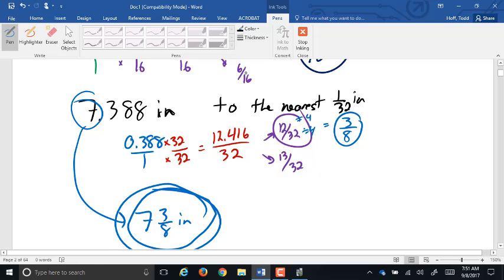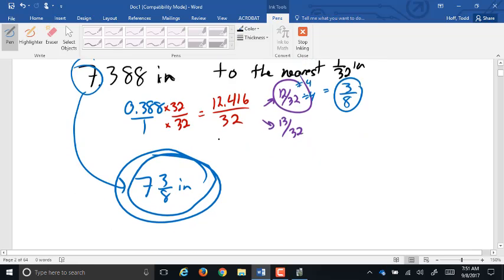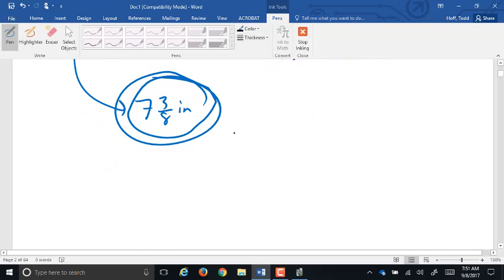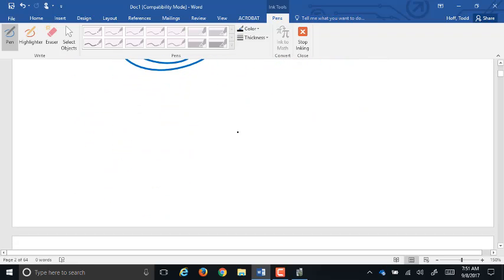We will come back and revisit that again before the semester's over. But that is something that is a good skill to have. One of the things this used to be used for is reading a transit.